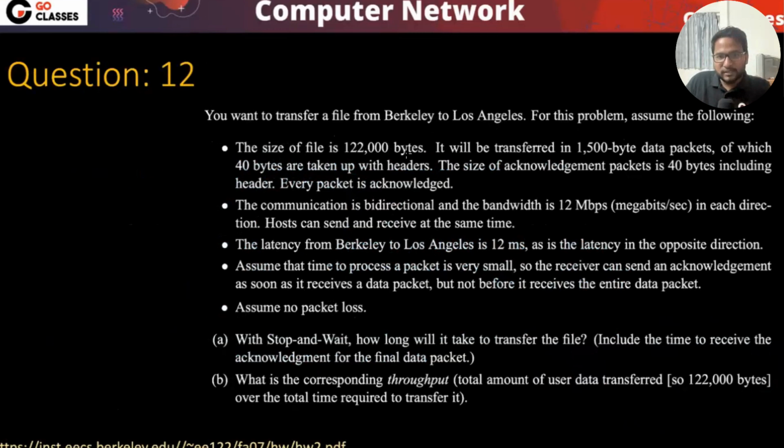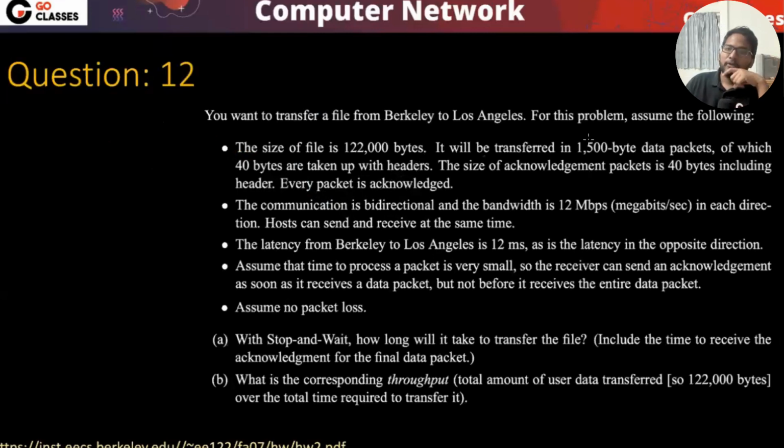The size of the file is this much. Okay, it will be transferred in 1500 byte packets, of which 40 bytes are taken for the header. So they're saying that file size is 12200 bytes, right? Out of which they will be transferred into each packet of size, how much? 1500 data bytes, right?